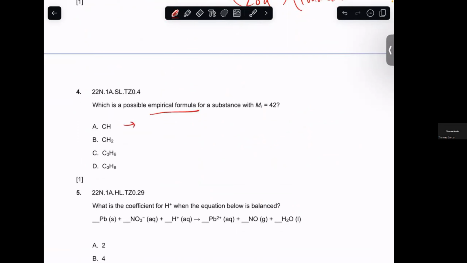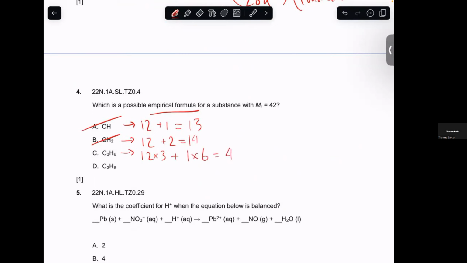Which is a possible empirical formula for a substance with MR 42? If we just do the molecular mass, this is 12 for the 1 carbon plus 1. That's going to be 13, can't be it. This is 12 plus 2, 1 times 2 for the 2 hydrogen. That's still going to be 14, can't be it. This one is C3, so 12 times 3 plus 1 times 6.